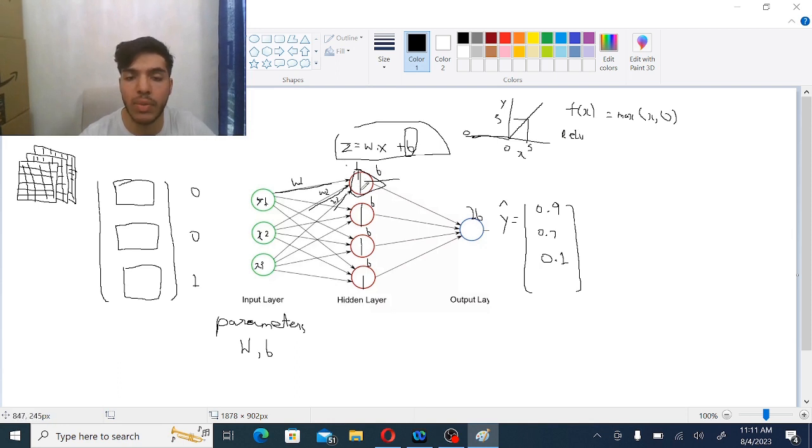The same thing is going to be repeated for all these other neurons. And the output for these neurons is going to be the output from the activation function. Let me give it a label. So this one is going to have A1 as the output after we apply the activation function. And for this, we're going to do the same thing. Take the inputs, multiply them with the corresponding weights. The weights are going to be random values at first.